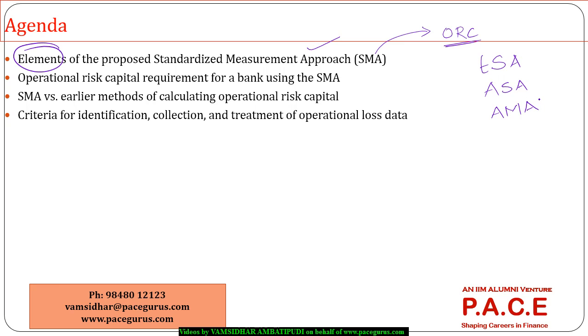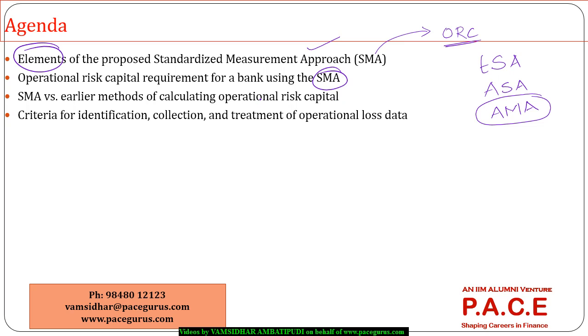Now it has been identified that there are some problems associated with the advanced measurement approach, which I am going to discuss slightly later, and that is where a new approach is being proposed, the standardized measurement approach, SMA. We are trying to see the key elements of that, and using this SMA approach, what is the typical formula to compute the operational risk capital requirement.